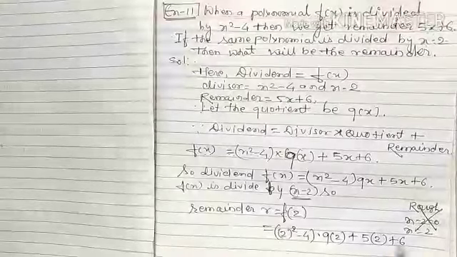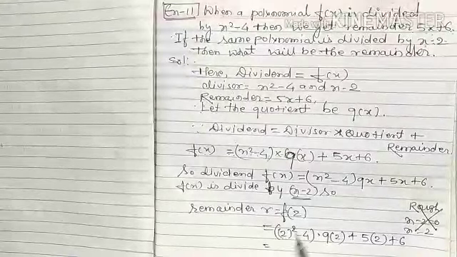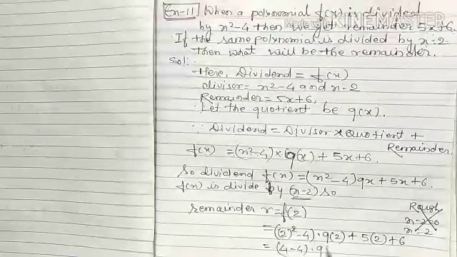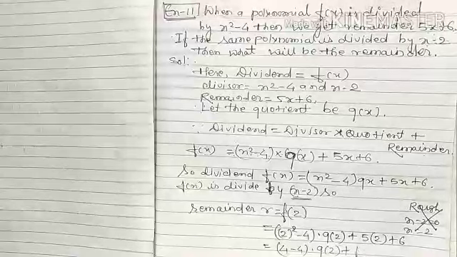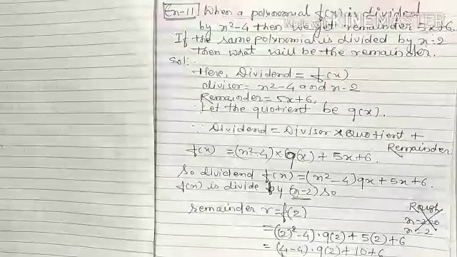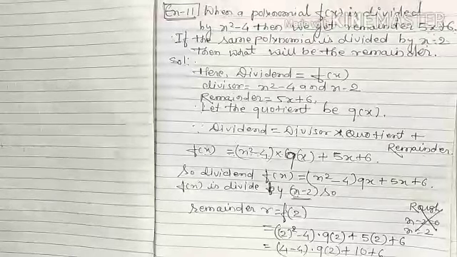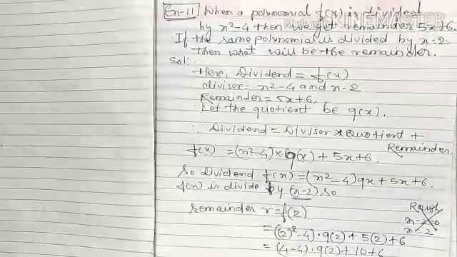Then 2 square is 4, minus 4, into q(2), plus 5 into 2 is 10, plus 6. 4 minus 4 equal to 0 into q(2), plus 10 plus 6, 16.